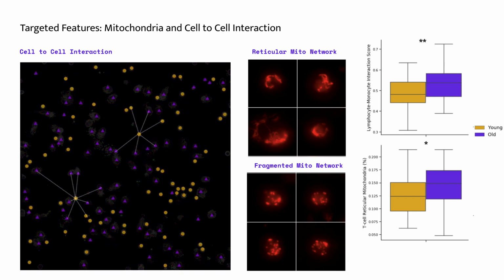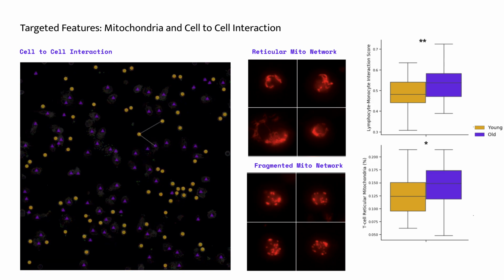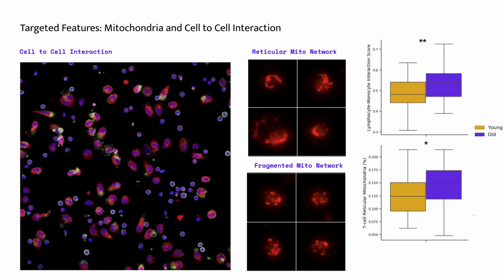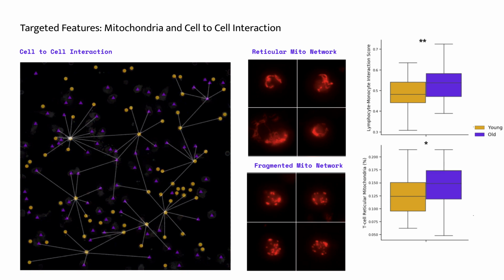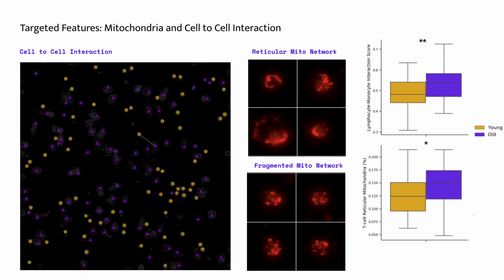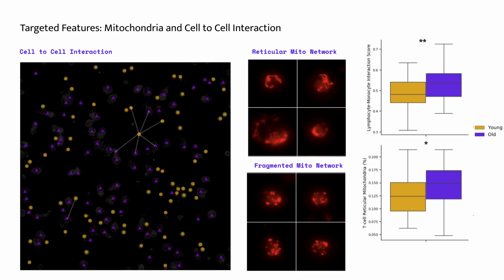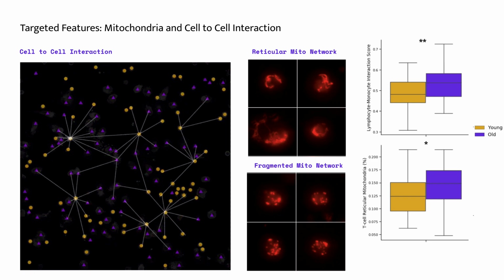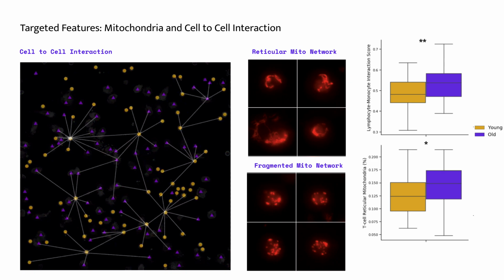It quantified many additional targeted features, including changes in physical cell-to-cell interaction and mitochondrial morphology. Her images serve as a biologically meaningful spatial point pattern that we used to measure how interaction between various cell types changes as we age.